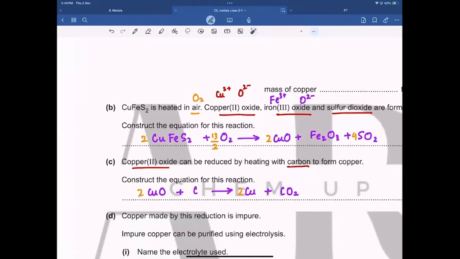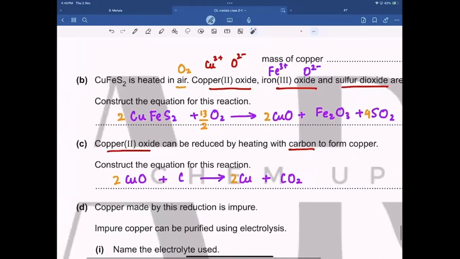Sir, can you please explain this again? Yeah, see, oxygen and carbon are left, right? Yes. Oxygen and carbon are left when the copper is formed. So whenever carbon and oxygen react, we always get carbon dioxide unless they have provided you some specific information to tell you that there is a formation of carbon monoxide.